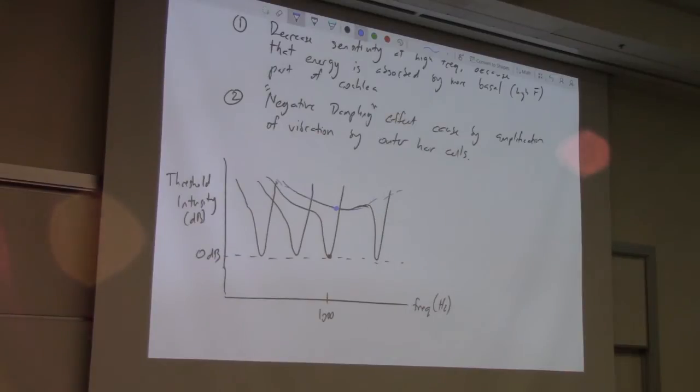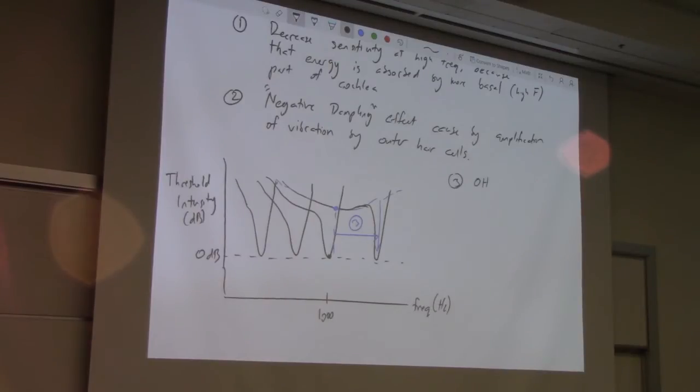But because the outer hair cells respond in an almost explosive way to any amount of movement, as soon as that high frequency stuff comes in, the sensitivity of that hair cell is just going to get really, really big. So we'll call this point 3.